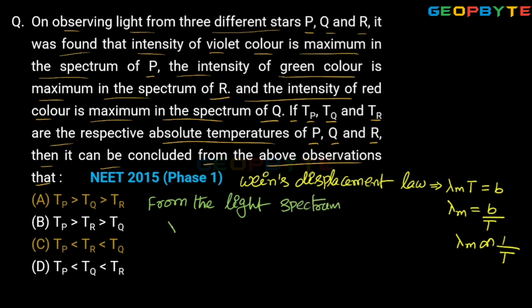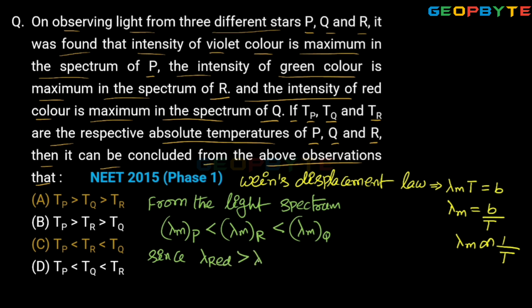As you know, lambda m for P is less than lambda m for R is less than lambda m for Q, since lambda for red is more than lambda for green is more than lambda for violet.